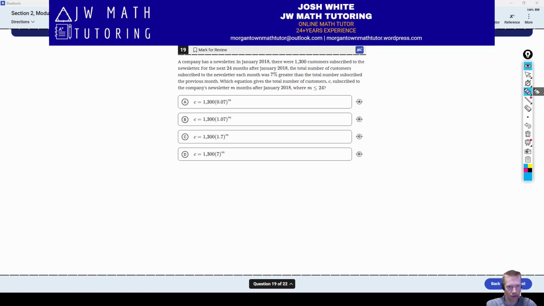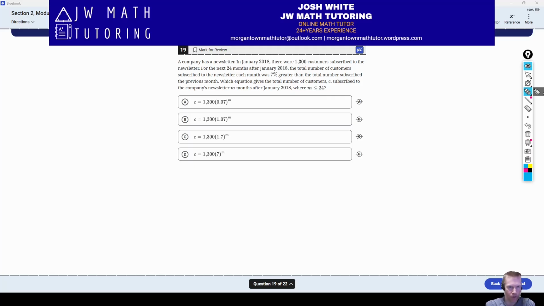Okay, so they all are going to have 1,300 out front. All right, well, that part doesn't change. Next: the number of customers for each month was 7% greater than the number subscribed the previous month. We want the equation that's showing how many customers there are m months after the starting point, January 2018.